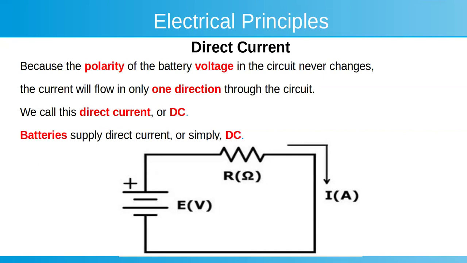So if it's coming from a battery, for instance, it's always positive to negative. If it was coming from an alternator, like in your car, it's actually alternating current that gets rectified into a DC current.